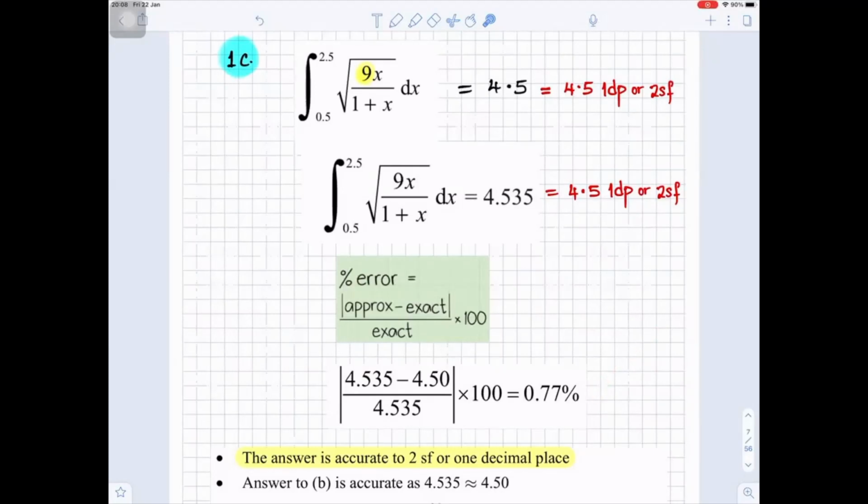That is an accuracy of less than 1%. So the answer is accurate to two significant figures or one decimal place, because they have the same value. So the answer to B is accurate, as 4.535 is 4.50.